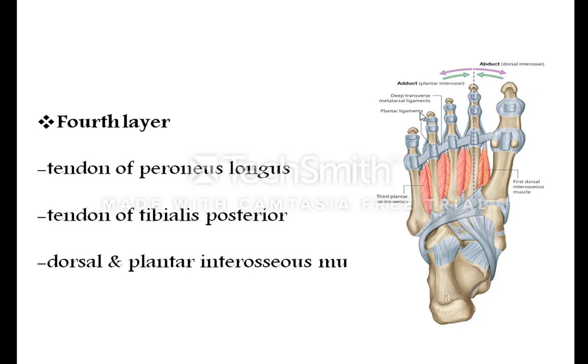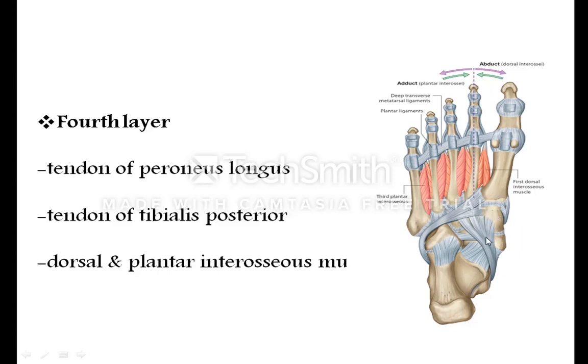The fourth layer of the foot also contains two tendons and two muscles, like the second layer. The two tendons are the tendon of peroneus longus and the tendon of tibialis posterior. The one running from lateral to medial is the tendon of peroneus longus, attached at the base of the first metatarsal and medial cuneiform.